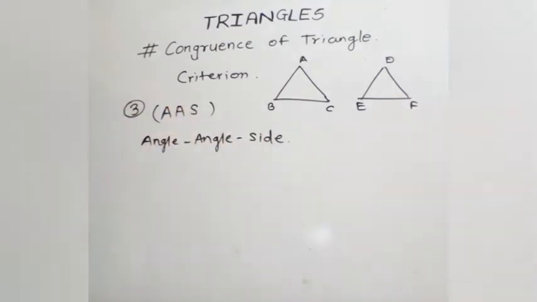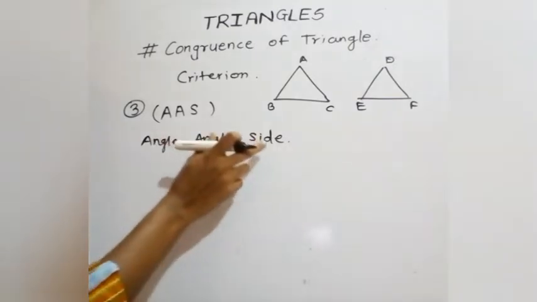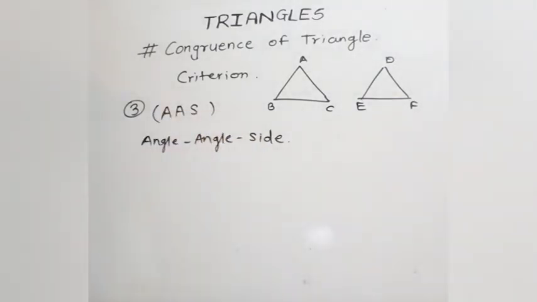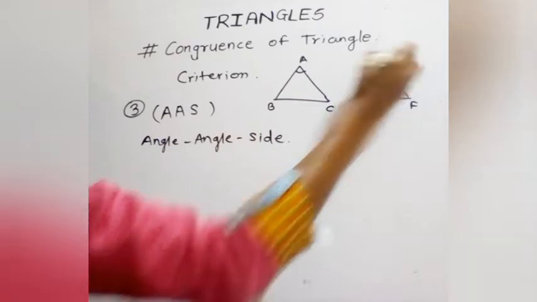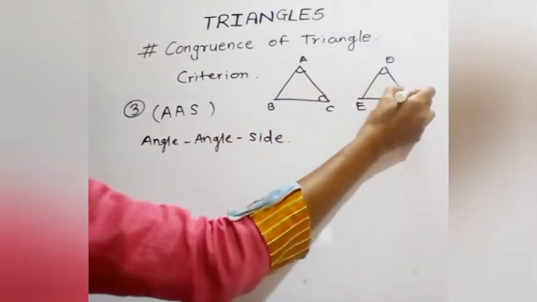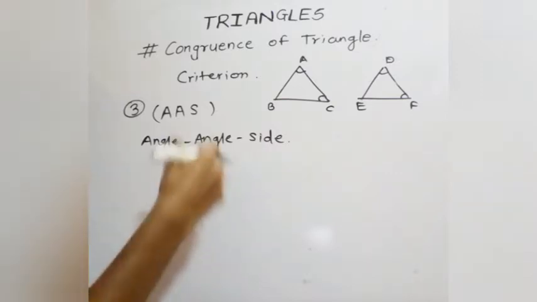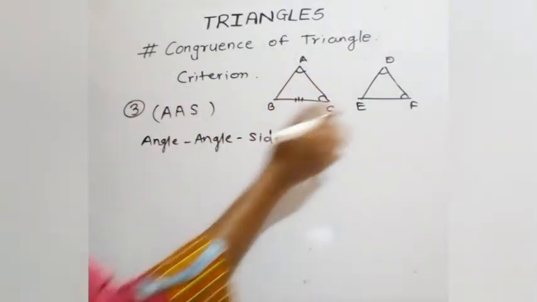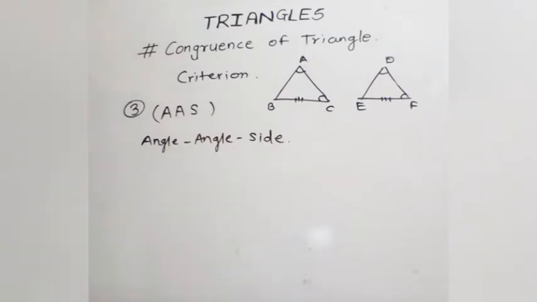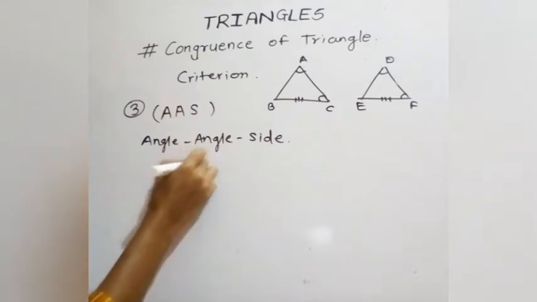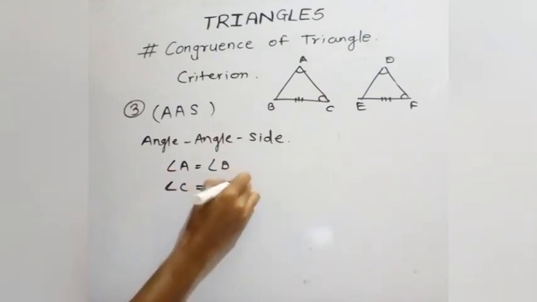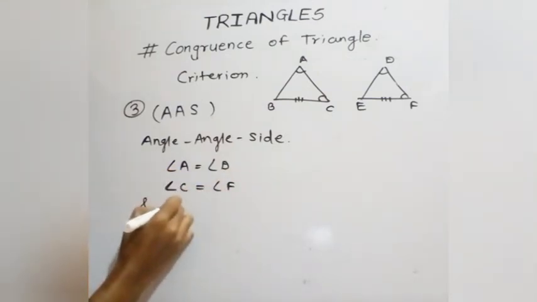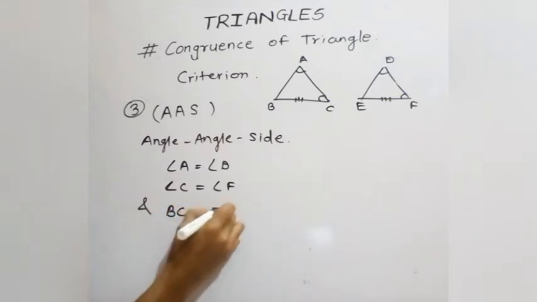This criteria says that if two angles and one side are equal, then the triangles are congruent. Suppose angle A is equal to angle D and angle C is equal to angle F, and one side, whatever is the side, suppose this baseline BC is equal to EF.